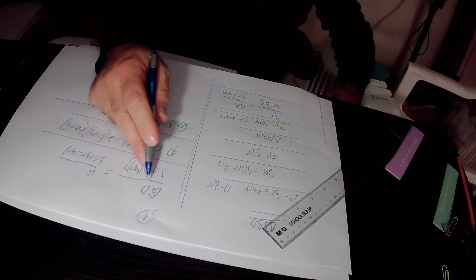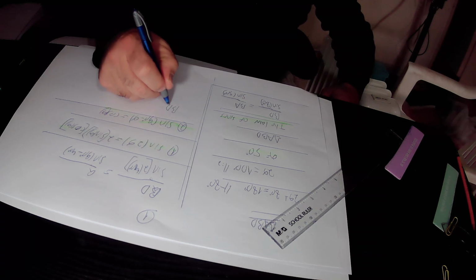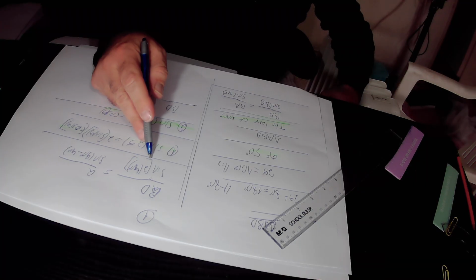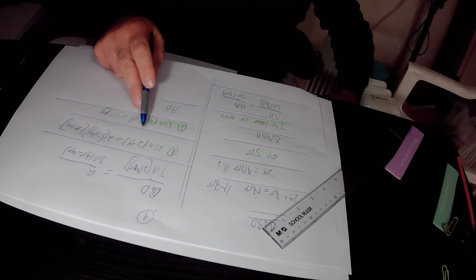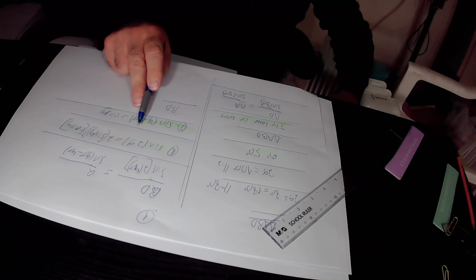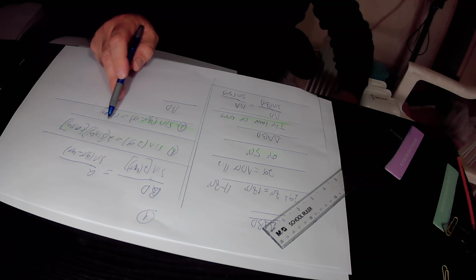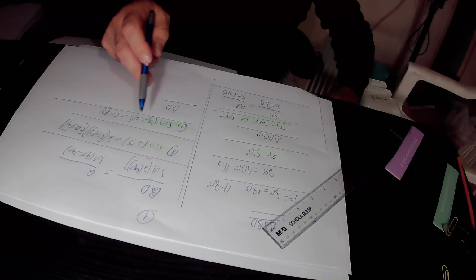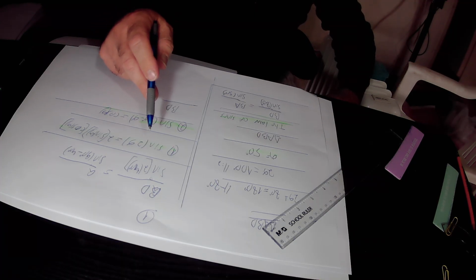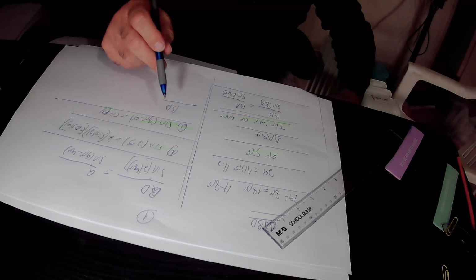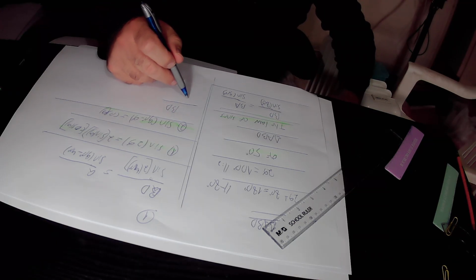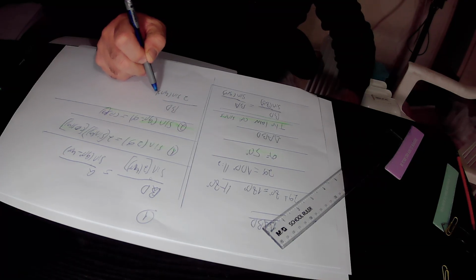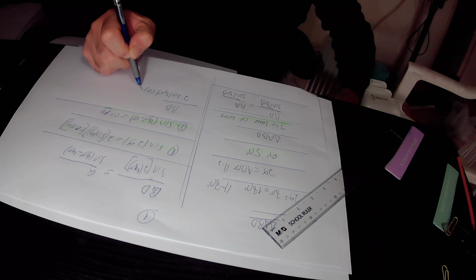So we have here BD over sine 2 times 40 degrees. Sine 2 times 40 degrees, according to the first trigonometric identity, must be equal to 2 times sine 40 degrees times cosine 40 degrees.